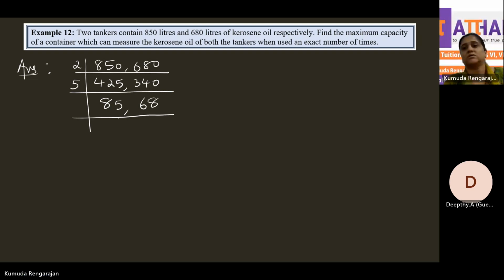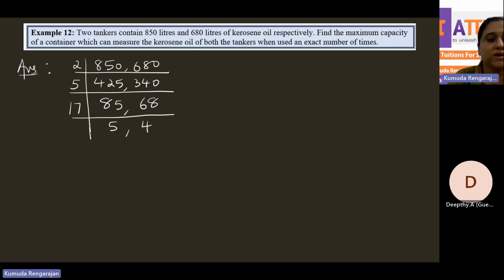Now, 68 is divisible by 2, but 85 is not divisible by 2. Both numbers are also not divisible by 3. So when you keep working like that, you will hit the number 17. 17 5s are 85, 17 4s are 68. And that's it. You have to stop there. You cannot go on after this.